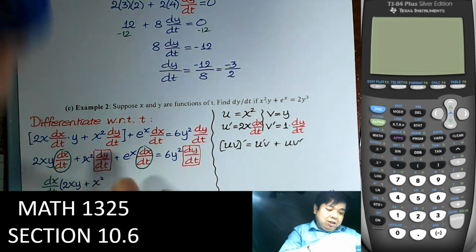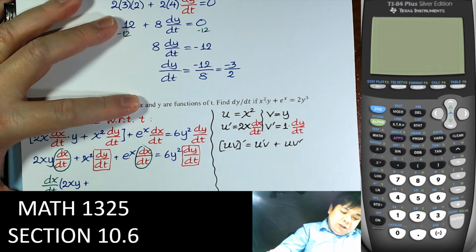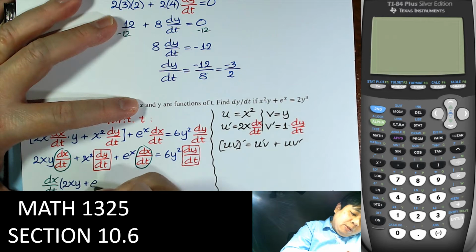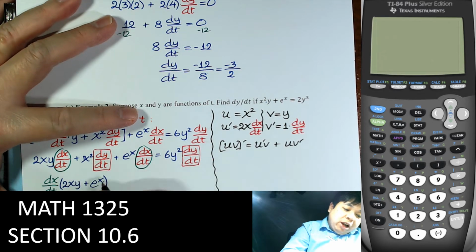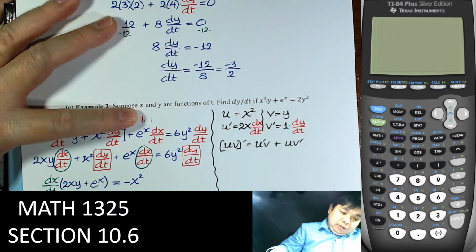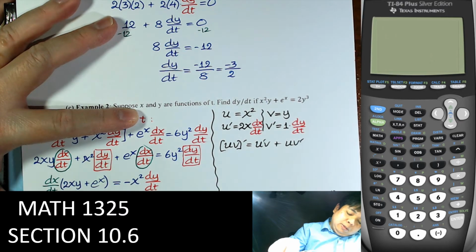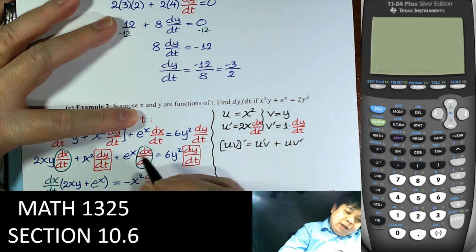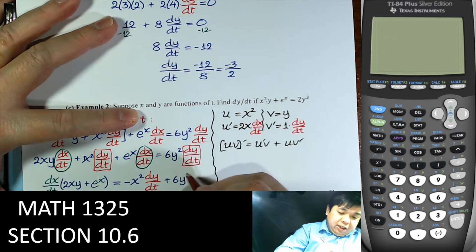Yeah, factor out the dx over dt. This we will subtract to the other side. Then plus 6y squared dy over dt.